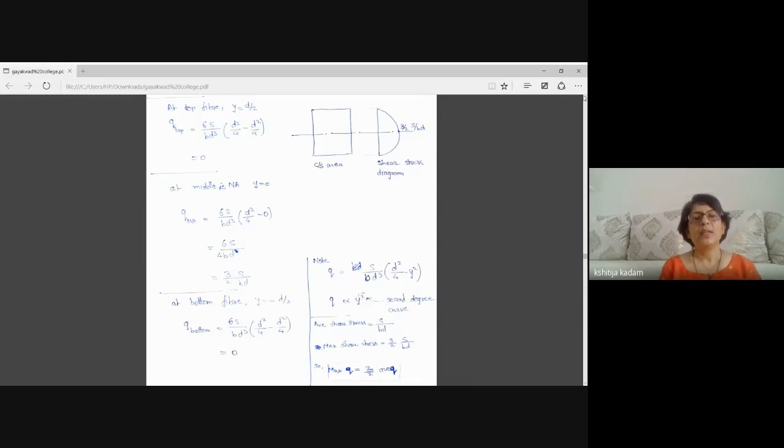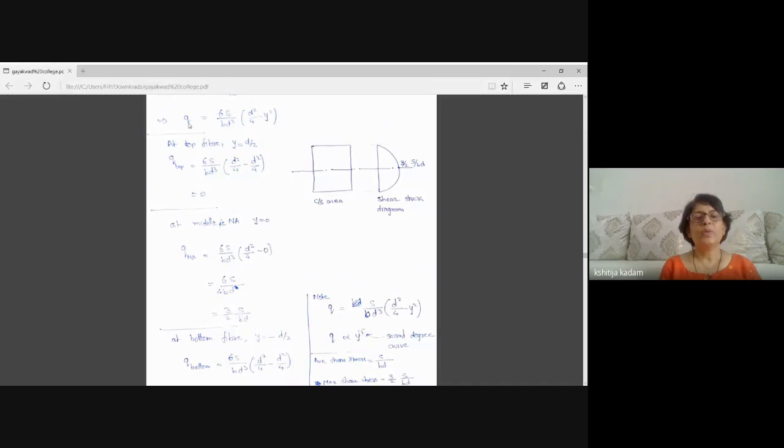Here we have to understand one more thing, that Q depends upon Y square. So if the fiber is above the neutral axis, Y is positive, and if it is below the neutral axis, Y is negative.